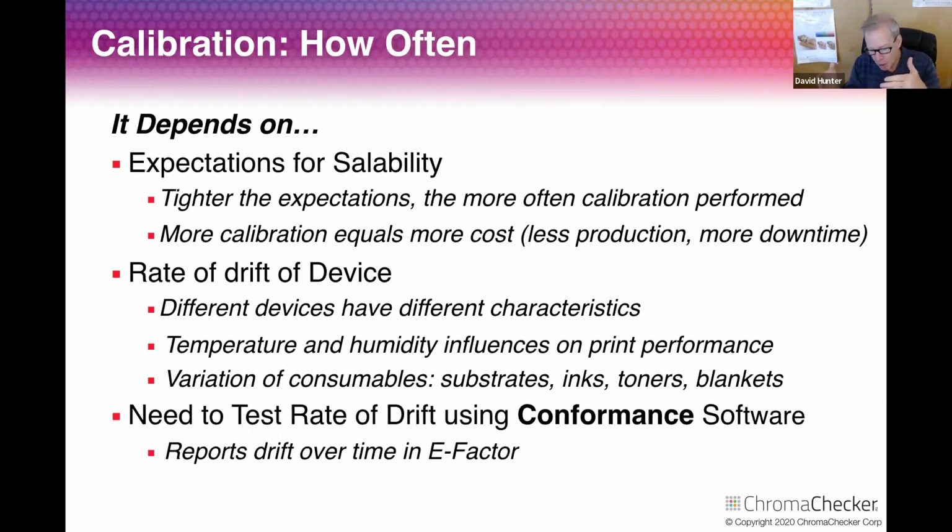Conformance software that quantifies the difference in E factor based on the device capabilities. And then if the E factor of the device is lower than your expectations, you're good. If it's higher, then you need to do some more process control to get that device under control.